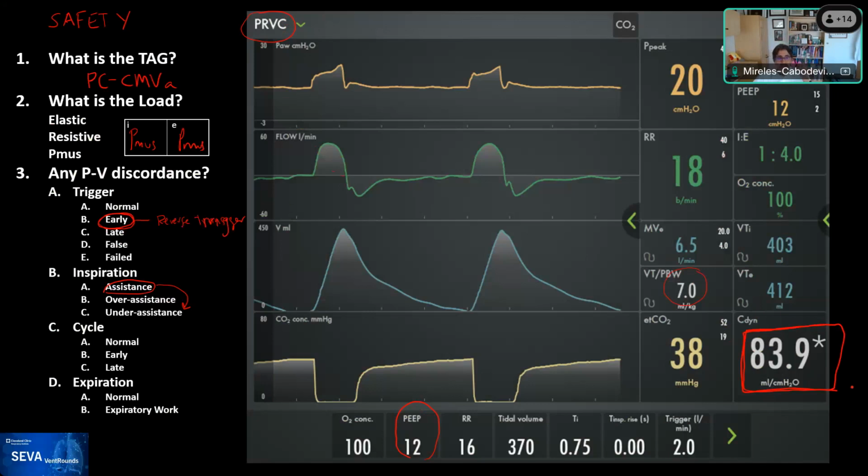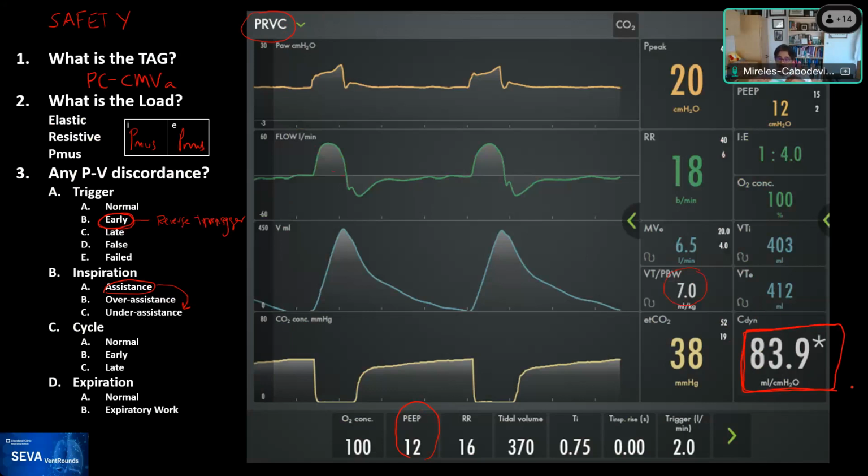And so if the goal is safety, you probably want to decrease somewhat the amount of respiratory effort that the patient is generating at this time, just because the magnitude is so elevated. And there's obviously early trigger, but it's not a terrible amount of early trigger. That's not my major issue. My major issue is the amount of Pmus that is there.